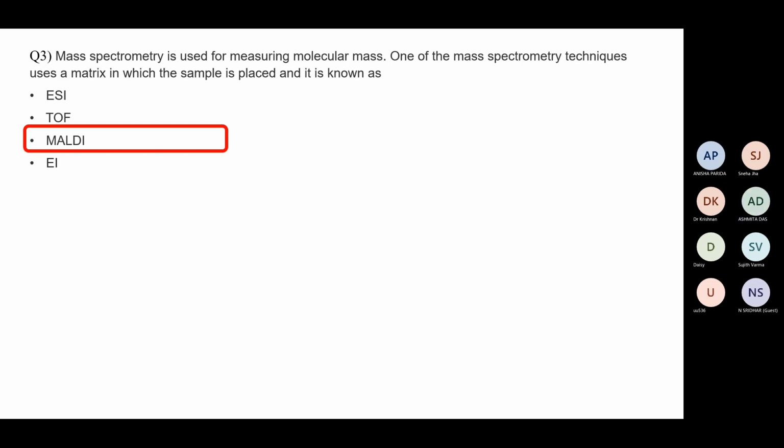Any answer? Is it MALDI? Okay, anything else? MALDI.